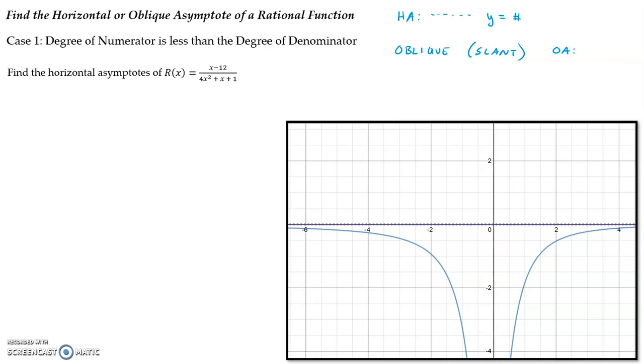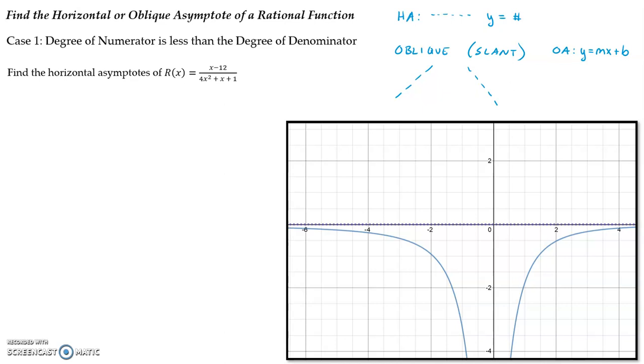Your oblique asymptotes are going to be slanted either uphill, or they could be slanted downhill. When we go to draw them, we'll still draw them as dashed lines on our graph. And your oblique asymptotes are going to be in the form y equals mx plus b.